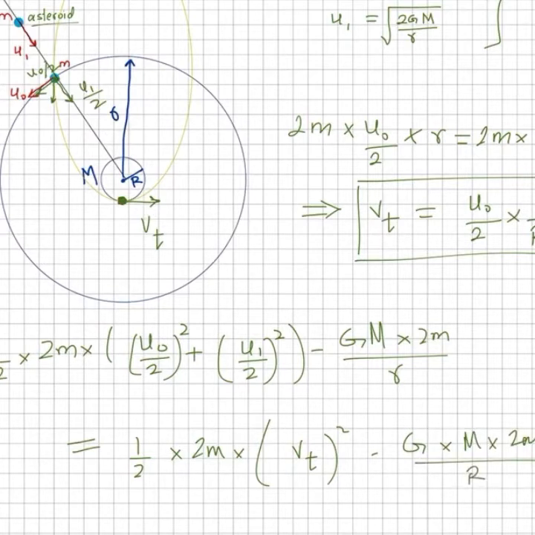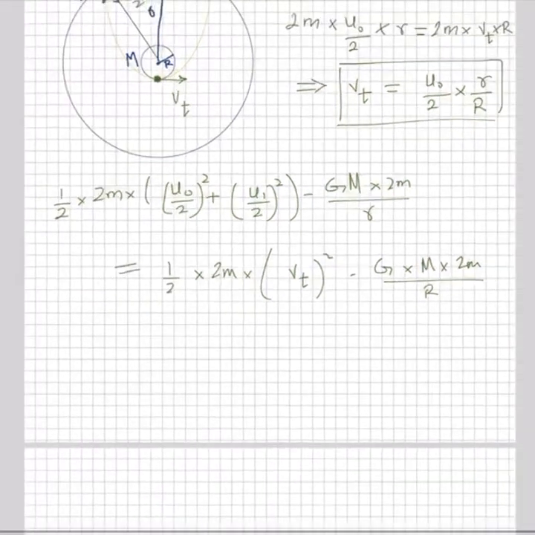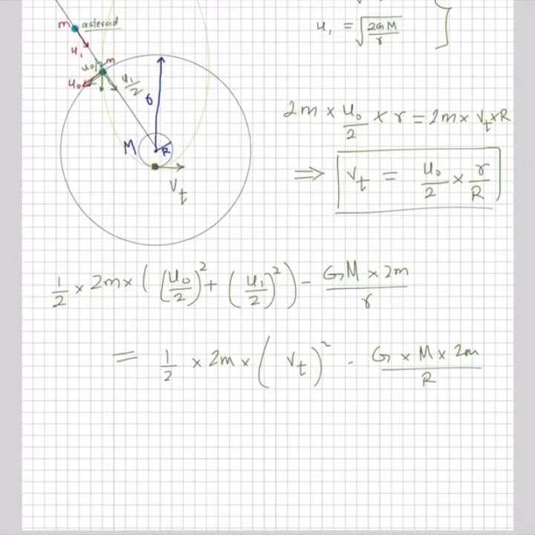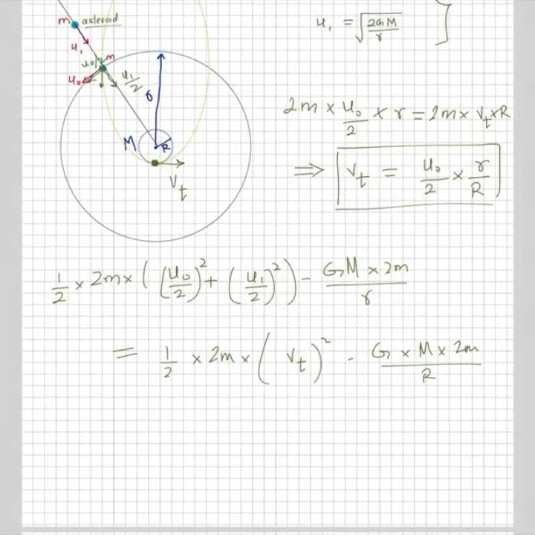Now we just have to solve this to get the value of small r in terms of capital R. Let's cancel 2m from all the parts, and the half will be cancelled, and these 2 will be multiplied here and here.